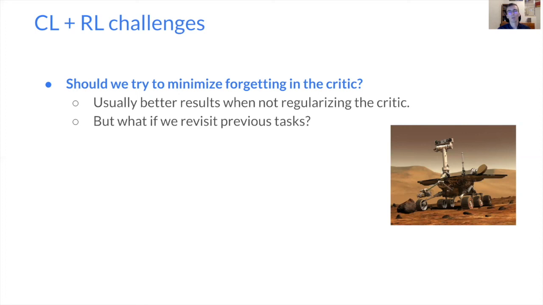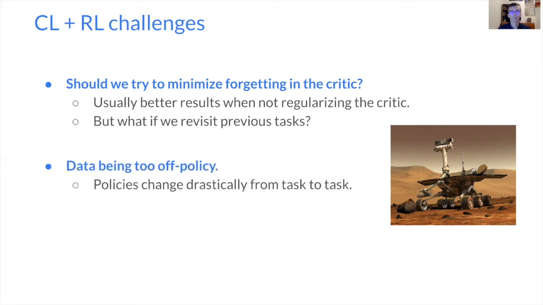However, this is somewhat controversial because, for example, when we revisit some task, then the critic in practice needs to be learned almost from scratch. Another issue is data being too off policy.